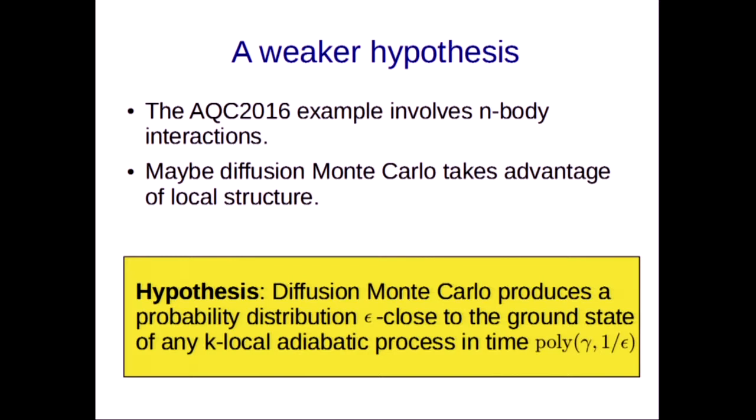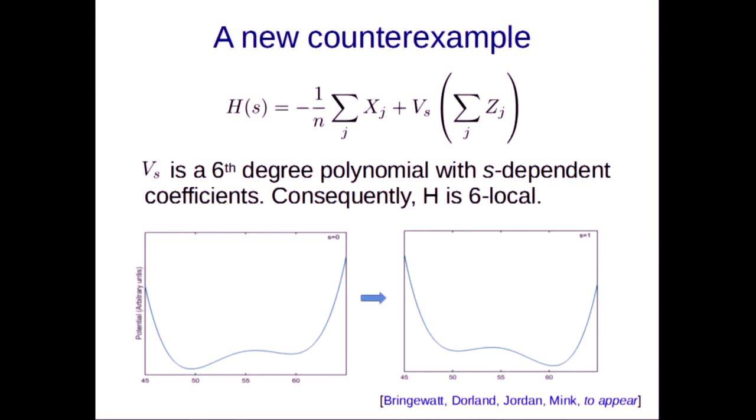So you might say diffusion Monte Carlo produces a probability distribution epsilon-close to the ground state of any k-local adiabatic process in time scaling polynomially with the gap and with this precision parameter. But now we have a counterexample to that too.